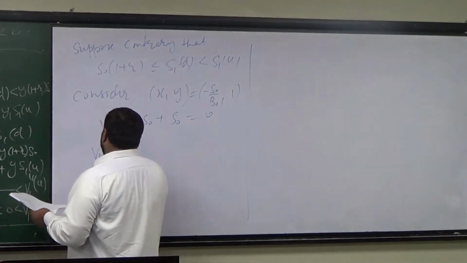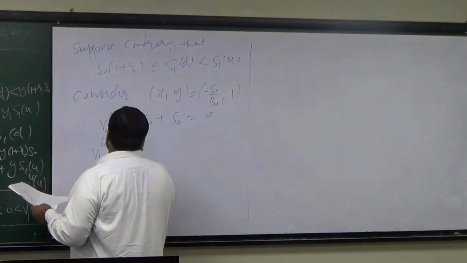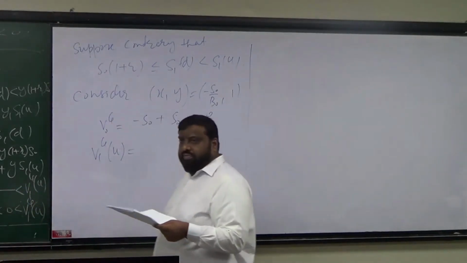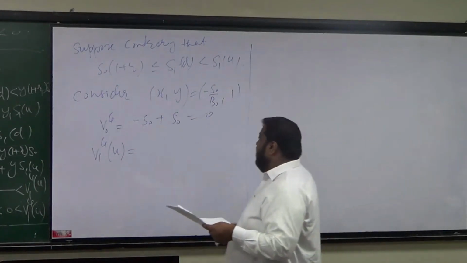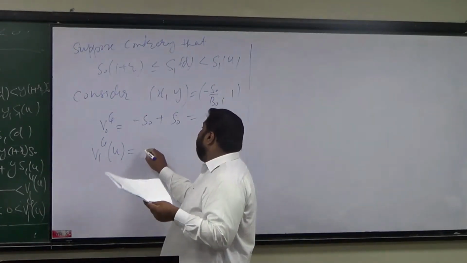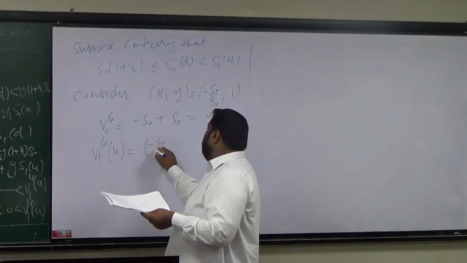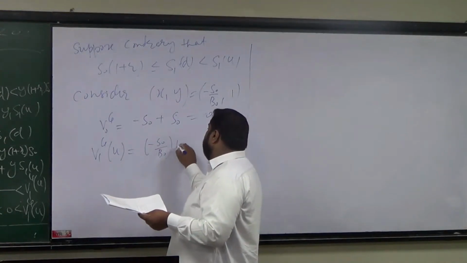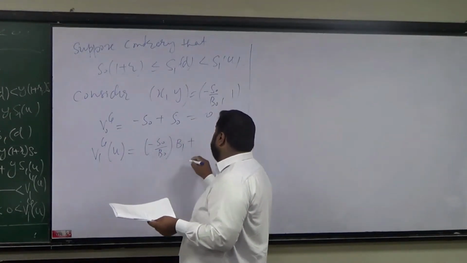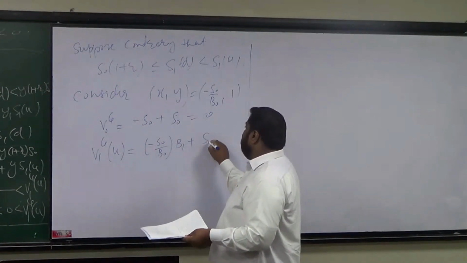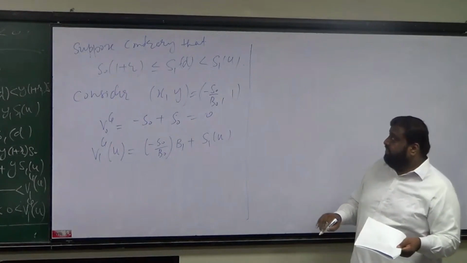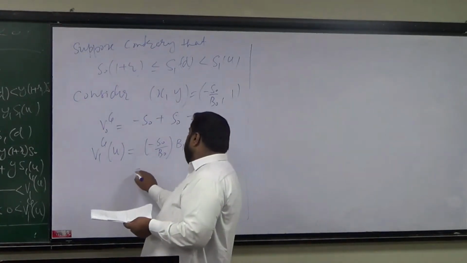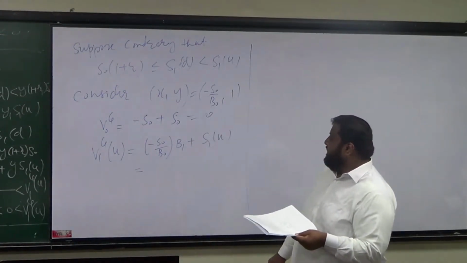How about V1 of, for example, U? I'm going to have X V1, which is minus S0 over V0 times V1, plus Y S0, which is going to be S0.